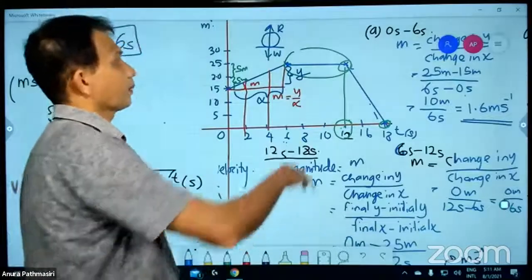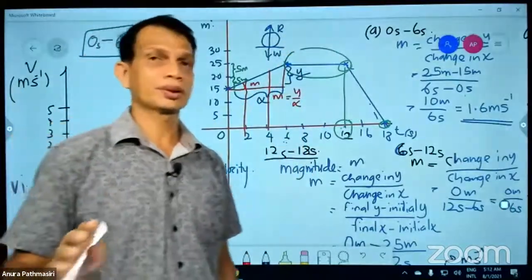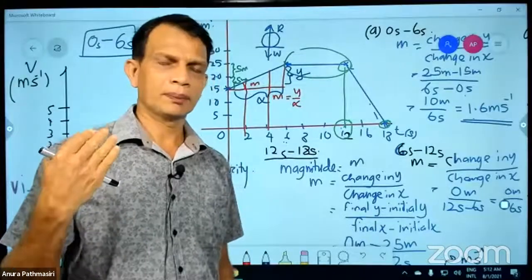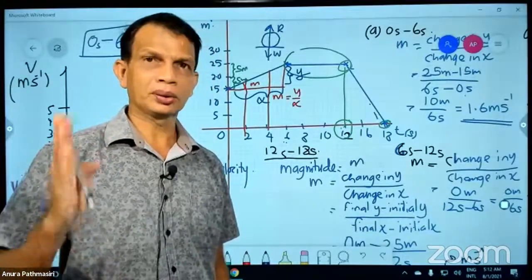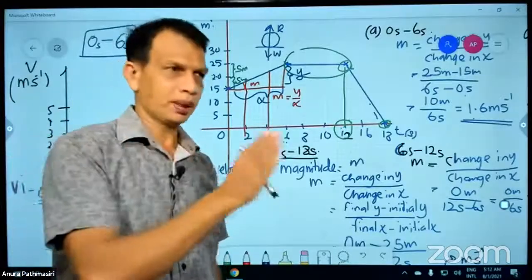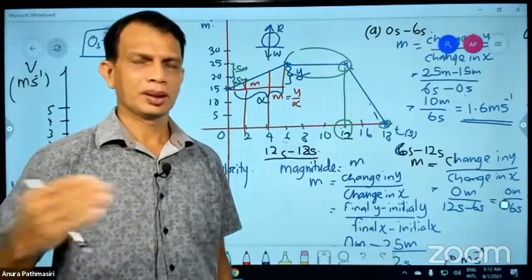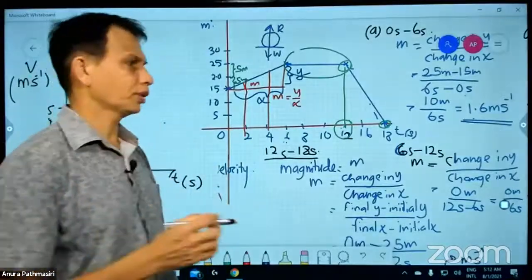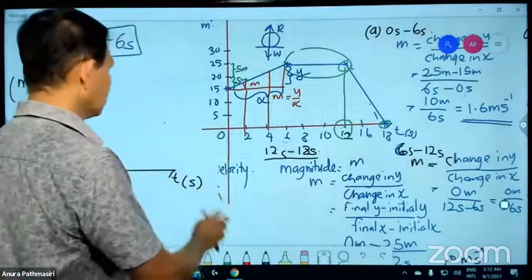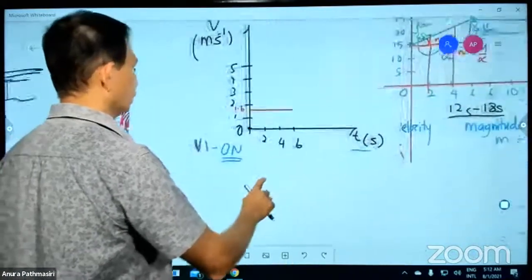In the same way, when the object is moving with constant or uniform velocity, the forces acting on it are balanced, forward and backward. Therefore, it keeps moving with uniform velocity. So what is the reason for your answer?